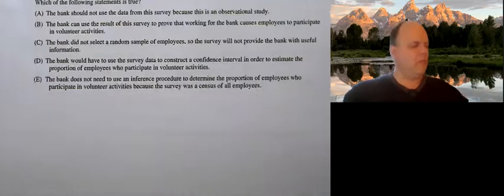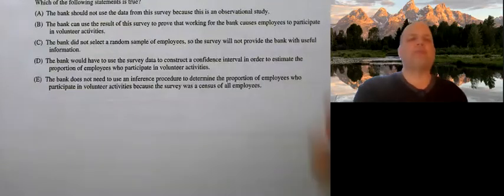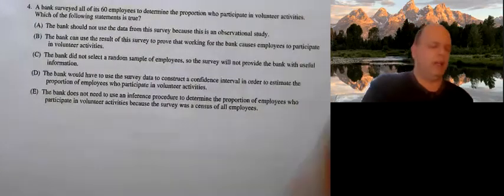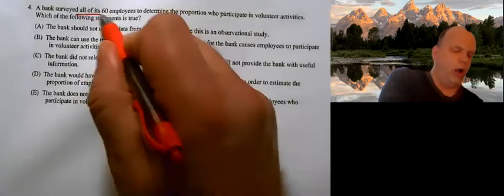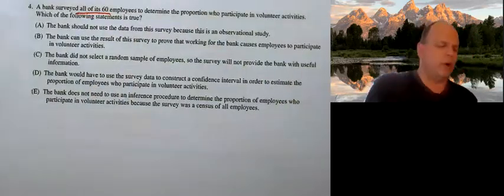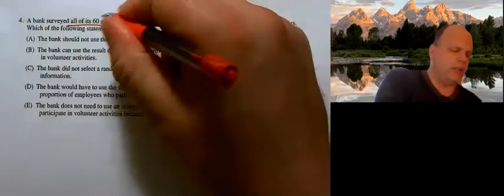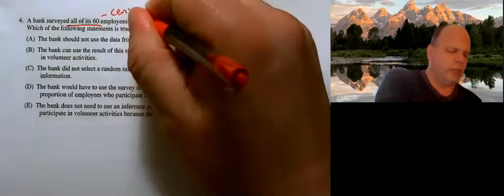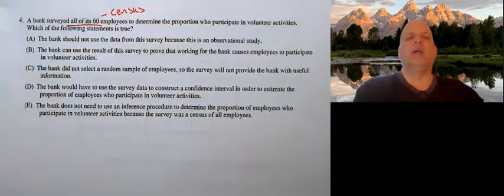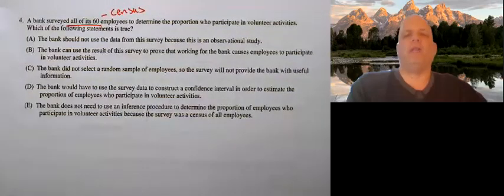Okay, moving on to number four. A bank surveyed, this is really important, all of its 60 employees. So in other words, they conducted a census because they surveyed everybody to determine the proportion who participate in volunteer activities.